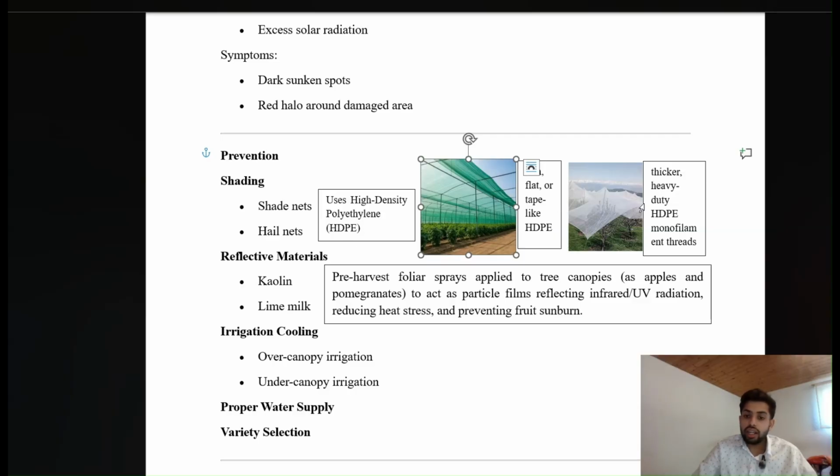And the hail net, which is better, carries thicker, heavy duty HDPE monofilament threads, whereas shade net is thin, flat, or tape like HDPE.